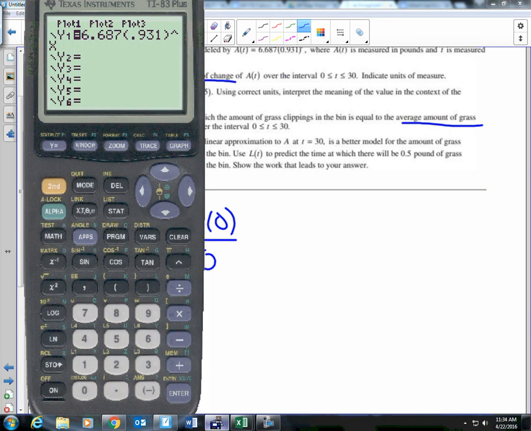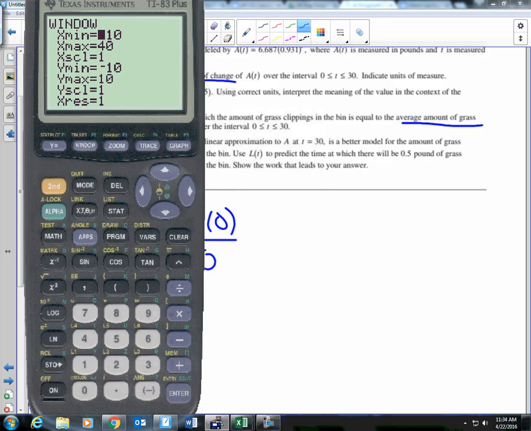How do I calculate A of 30? Make sure that your window has, for an x value, something at least 30 or bigger. So I chose 40 so I could see everything.